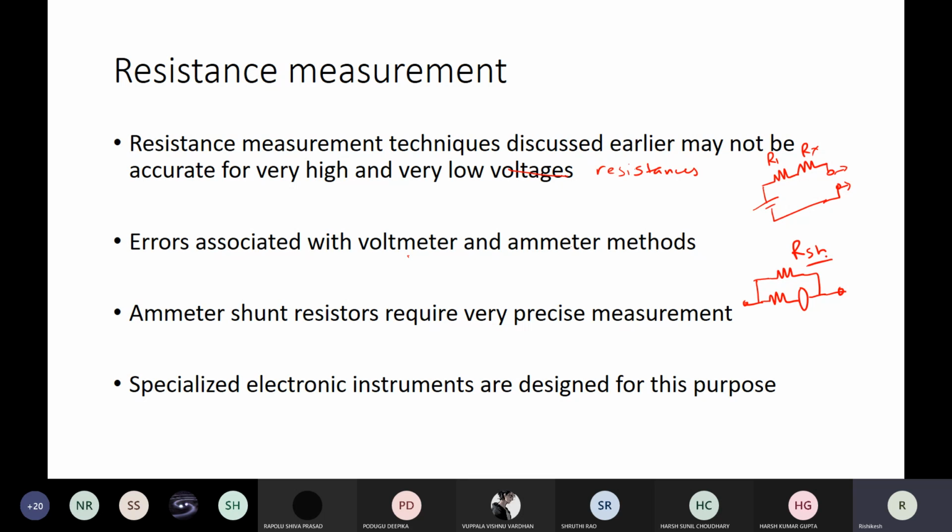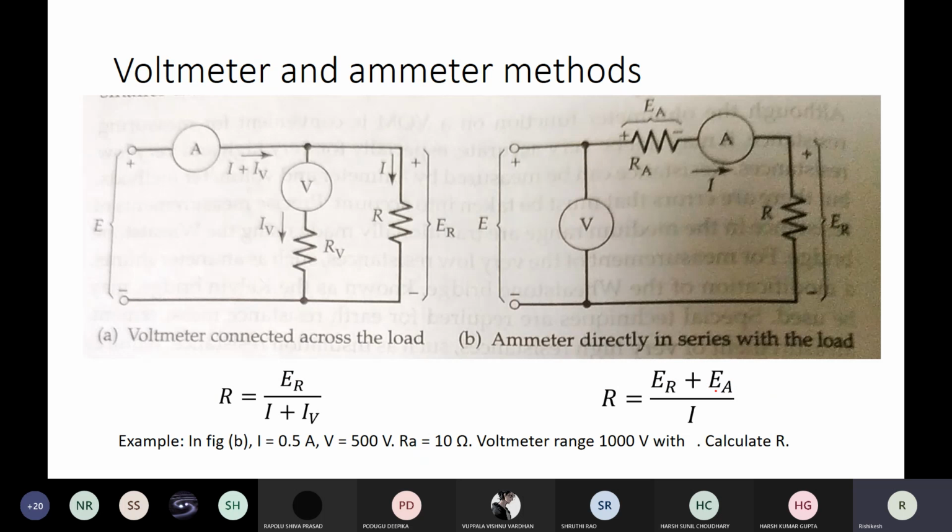These resistance values were very small, and the values should also be very precise, because the entire calculation and calibration of the meter is based on the value of RSH. So they are not only small, we need them to be very precise. When you calibrate the instrument with such resistances, they need to be known very accurately. For that purpose also, some specific methods of resistance measurement are required. So we'll discuss that. Let us first discuss what are the problems associated with the voltmeter and ammeter method.